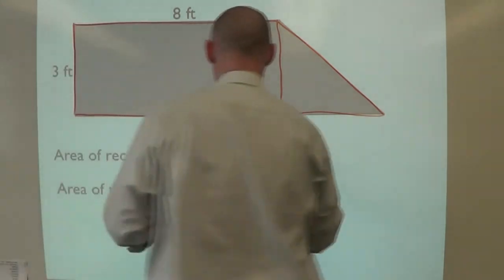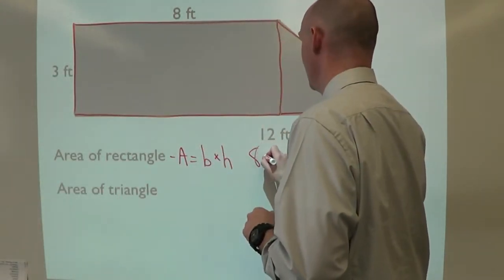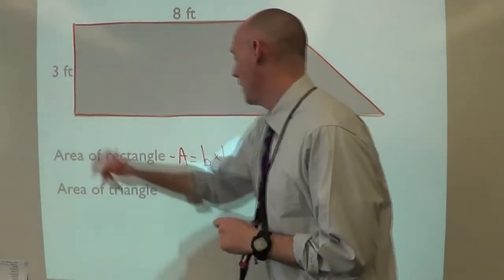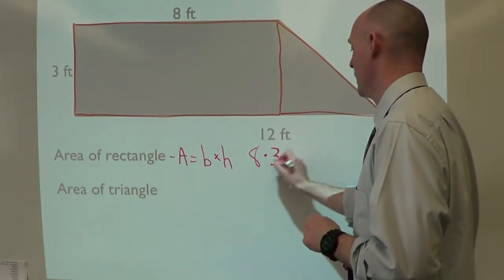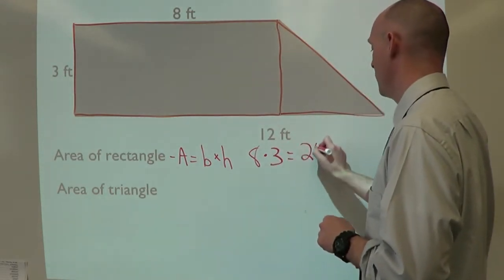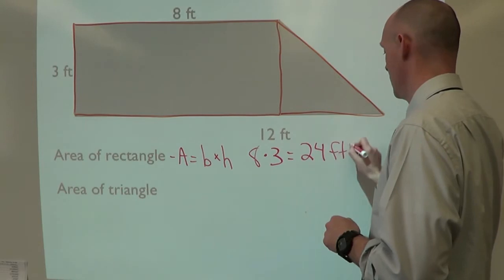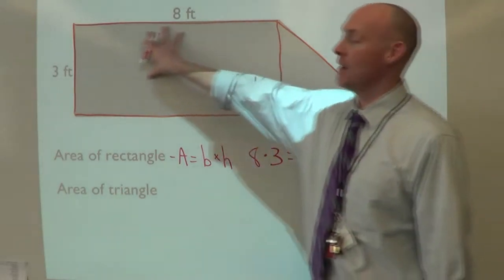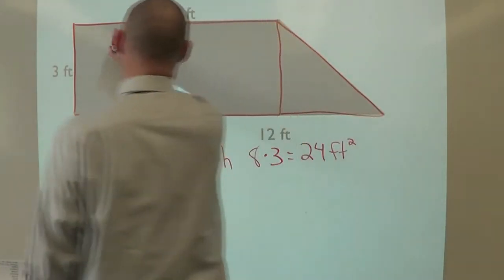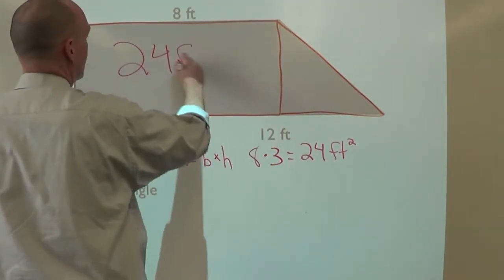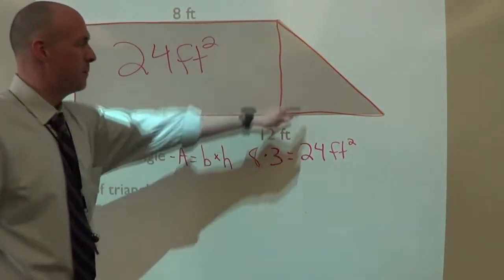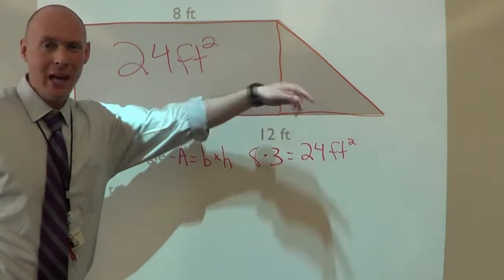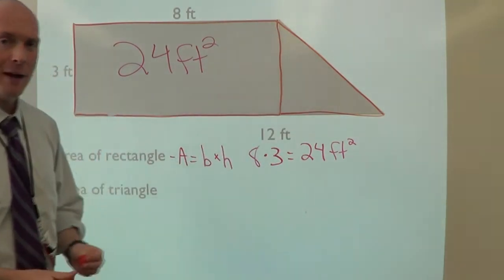My base is 8 times my height of 3 equals 24 feet squared. That is the area of my rectangle. Cool. But we still have this little piece to do. That has to be included. So how do we find that?